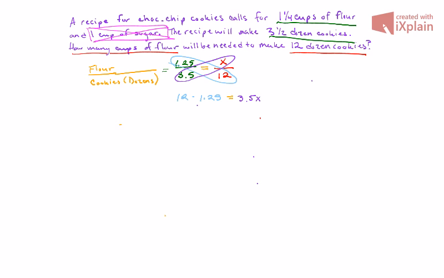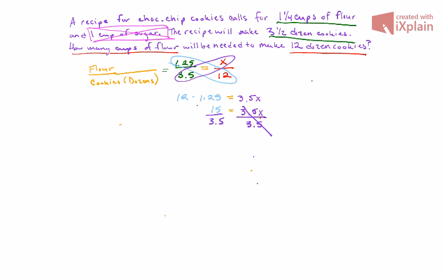If we do the multiplication, the left-hand side product is 15. And then we are again left with 3.5x. We'll divide both sides to get x by itself, because with any proportion problem, when you're solving for a missing value, that is the goal. You want to find out what that missing value is.